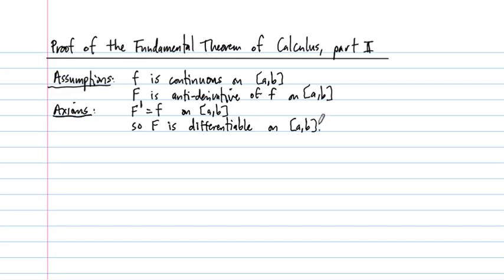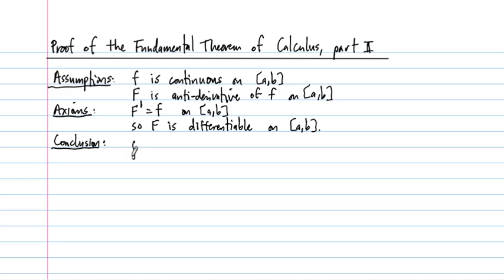Okay, so those are our assumptions and some axioms, which are just basically unpacking the definitions that we're using. All right, and then this leads to our conclusion of the theorem. The conclusion is the big final thing that we learn from all this.